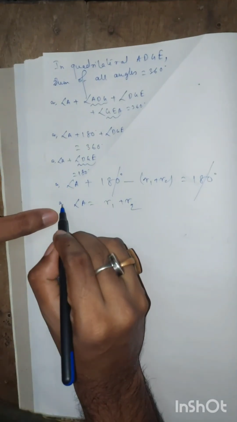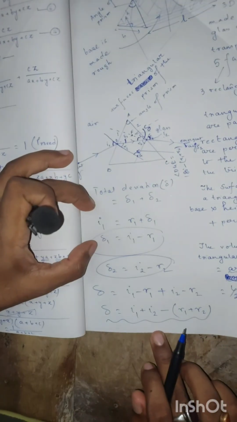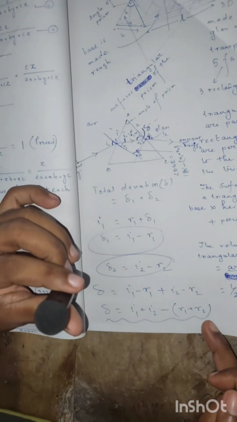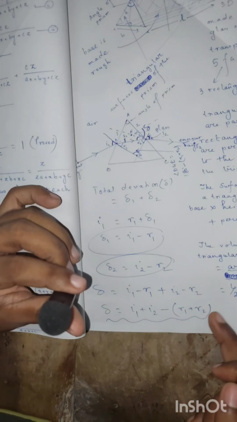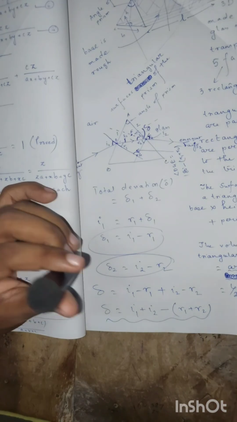So now we can write delta: in this expression we can substitute the value of R1 plus R2.